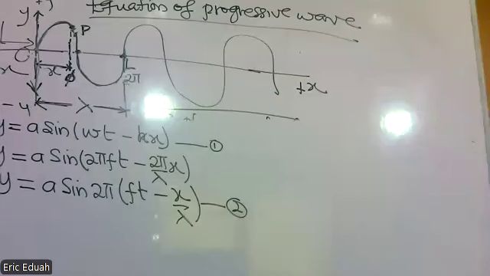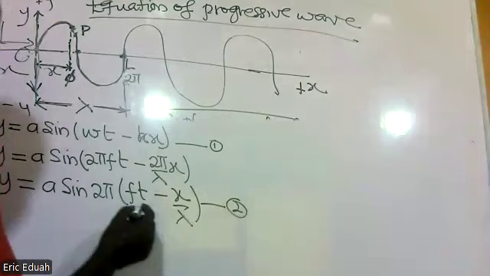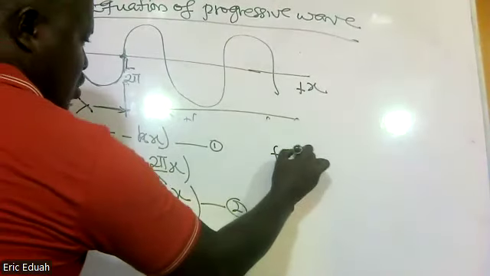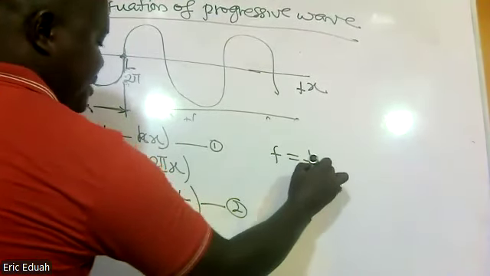We can derive a third form. The third form is this. Frequency is equal to 1 over the period.